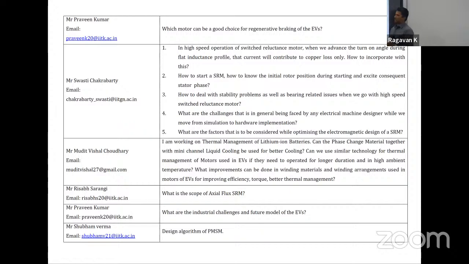During the flat inductance profile, you're talking the bottom or the top? The unaligned? So yes, at high-speed operation, when you do phase advancing, you will end up with current that contributes to copper loss. If you're doing phase advancing, you're basically moving your current profile to overlap with the next phase, right? So you're giving it a little longer.